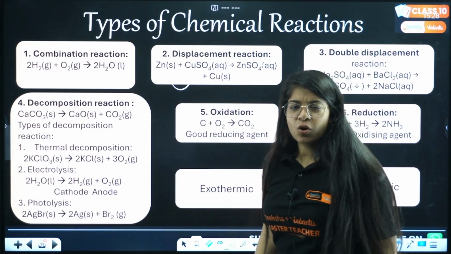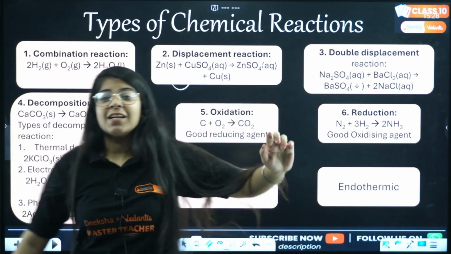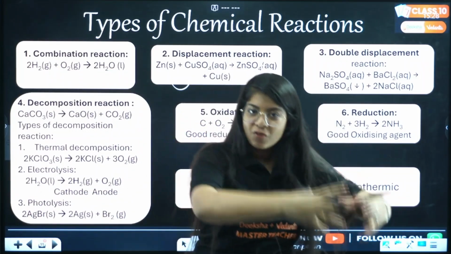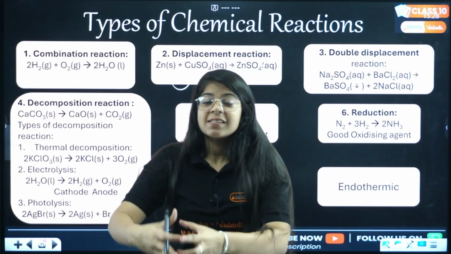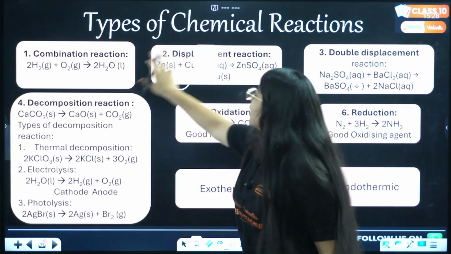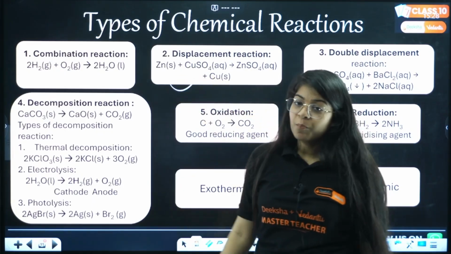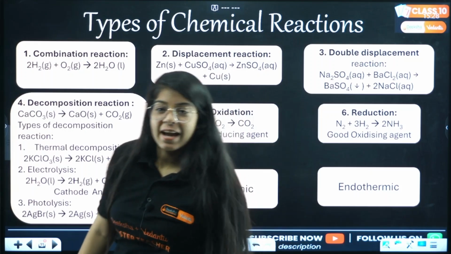Zn said to the copper, get out. So copper left, bye bye, and I will take your place. So Zn took the place of copper, and copper sulfate was converted into zinc sulfate, and hence the reaction is called a displacement reaction.